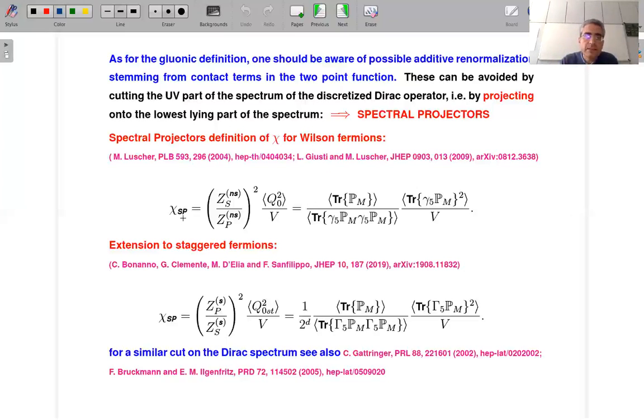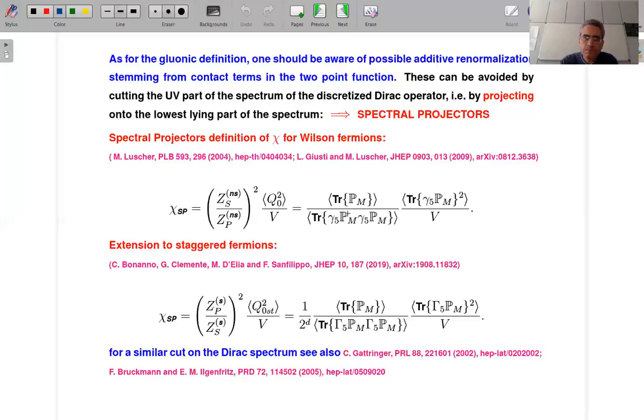The final expression for the topological susceptibility in this method is the following. And here this projector is basically a projector which projects over the eigenmodes of the Dirac operator which have eigenvalue less than a given parameter M, which is a sort of cutoff mass that you insert in the method.